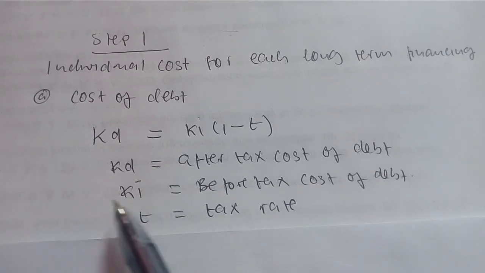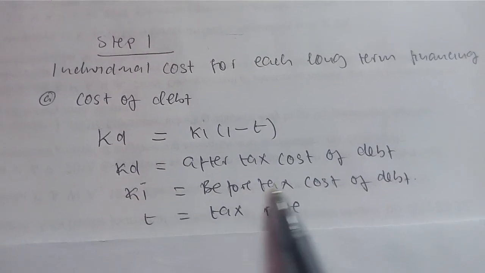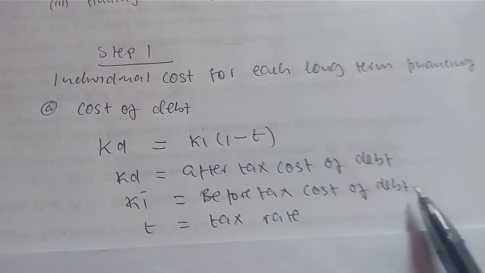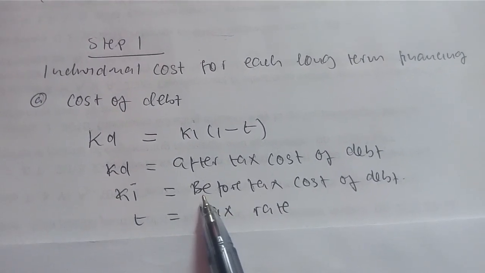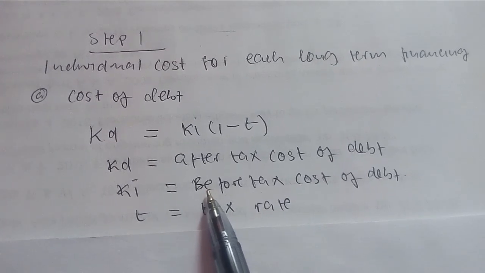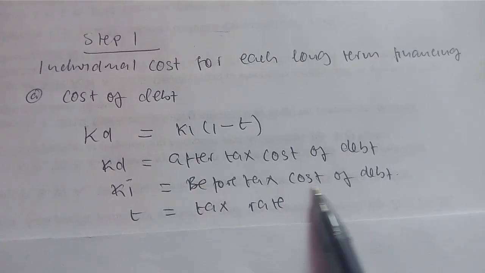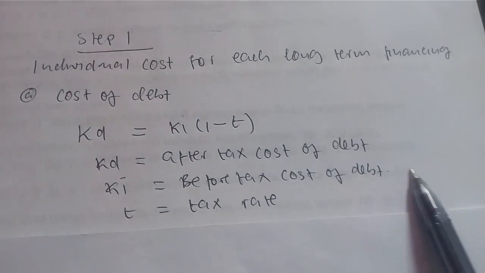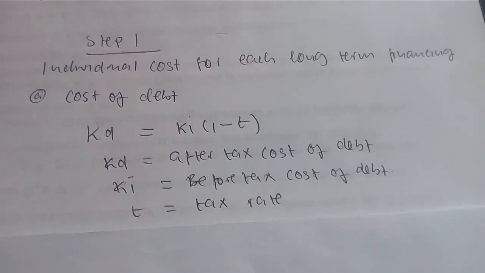Another interesting part of this formula is the before tax cost of debt. In other books you will find different names. The commonly used names are the yield to maturity and the before tax cost of debt. So just take note of that.